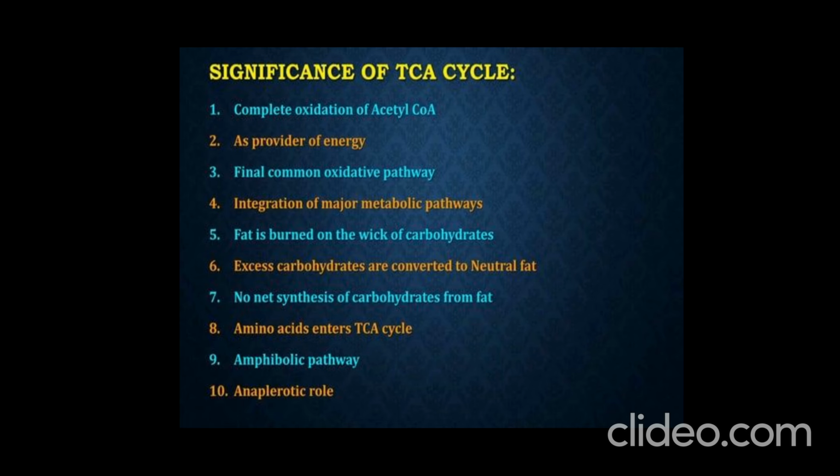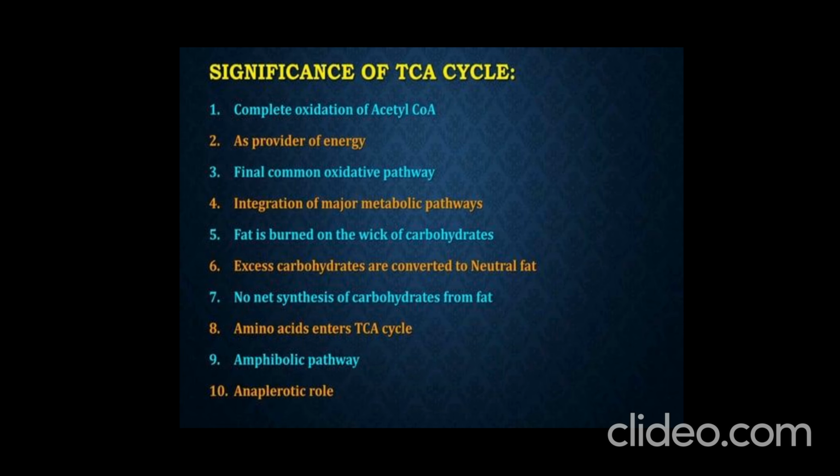For example, we have discussed that acetyl-CoA is formed from fatty acid or from amino acid or from pyruvate from the glycolysis cycle. So all of that enters inside this cycle. That is known as integration. Then the fifth one, fat is burned on the wick of carbohydrates.